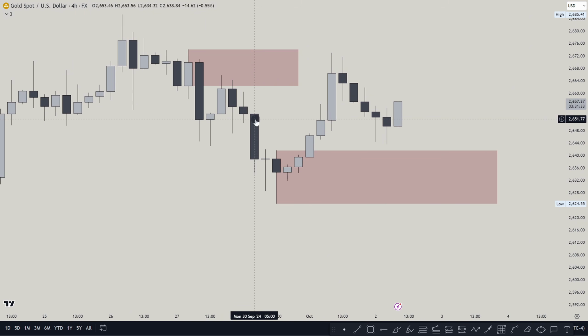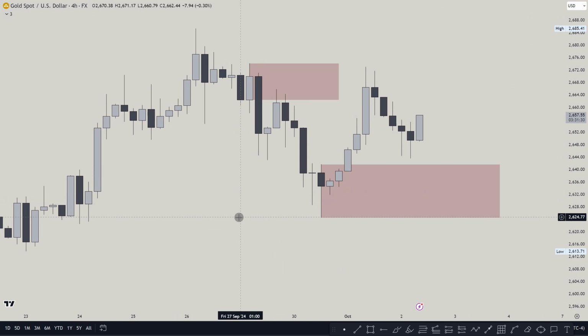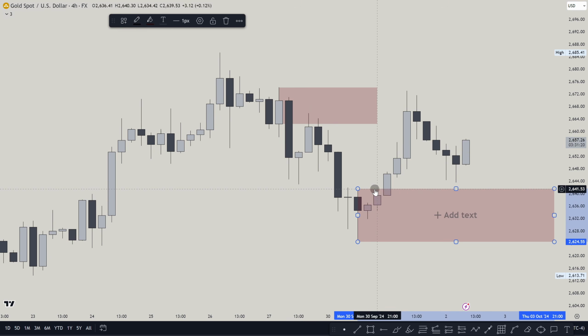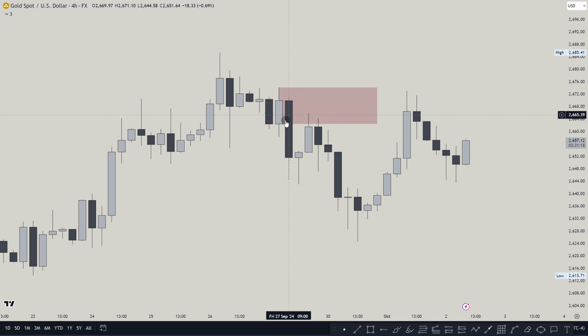We need something that we can recognize easily, something that we have specific rules for, and we trust the probabilities and go with it. So that's why I'm only looking for this type, which is an engulfing within 1 candle and getting a retest within 1 to 5 candles.